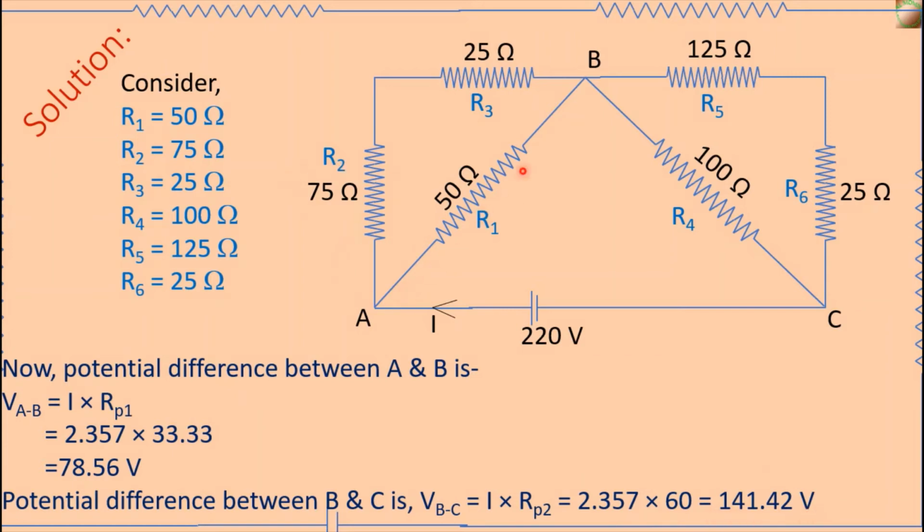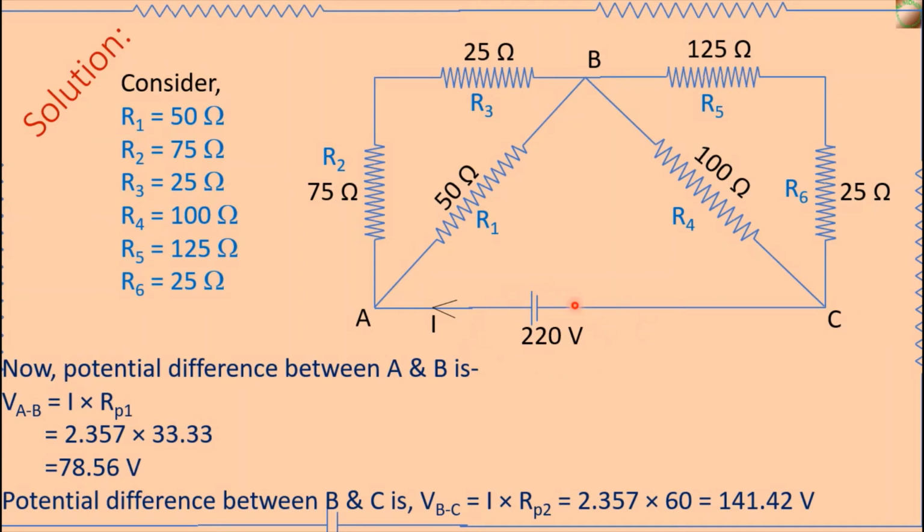That is, the potential difference between A and B point is 78.56 volt, and between B point and C point is 141.42 volt, and this total, 141.42 plus 78.56, will be 220 volt.